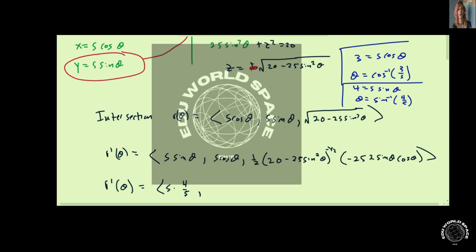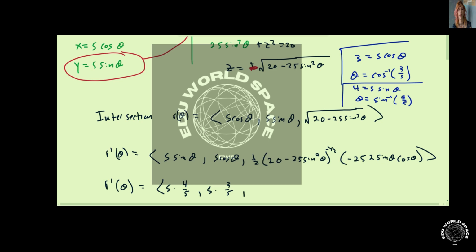Cosine is 3/5, so it'll be 5 times 3/5. And then for the last part, first we reciprocate that and turn it into a square root.